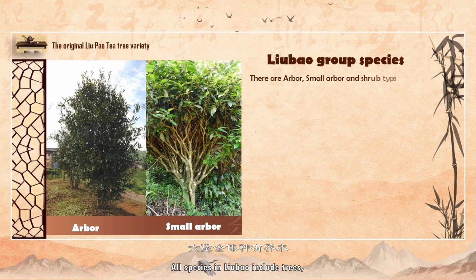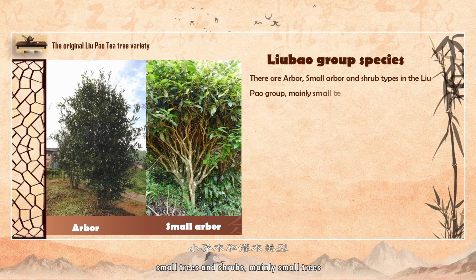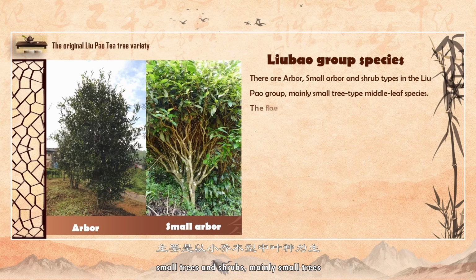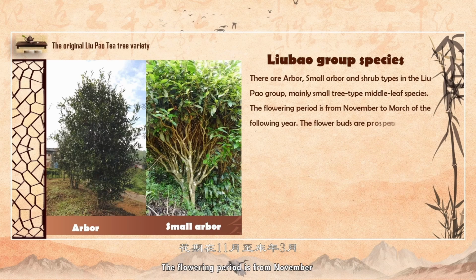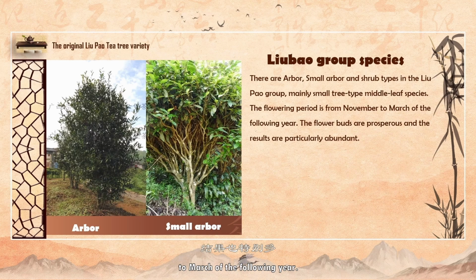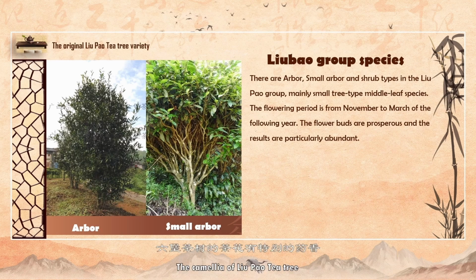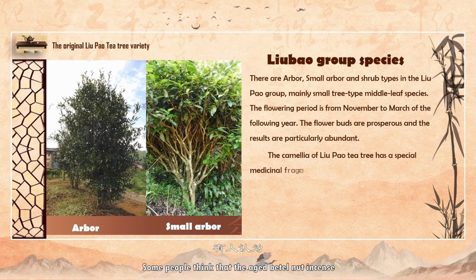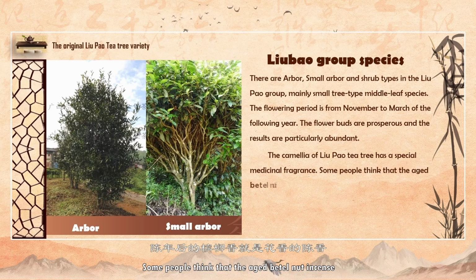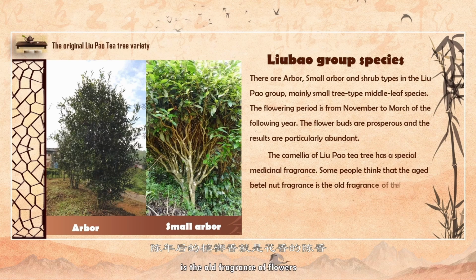All species in Liu Bao include trees, small trees and shrubs, mainly small trees and middle-leafed species. The flowering period is from November to March of the following year. The camellia of the Liu Bao tea tree has a special medicinal fragrance. Some people think that the aged betel nut fragrance is the old fragrance of flowers.